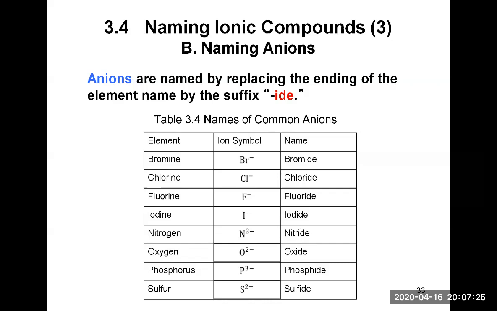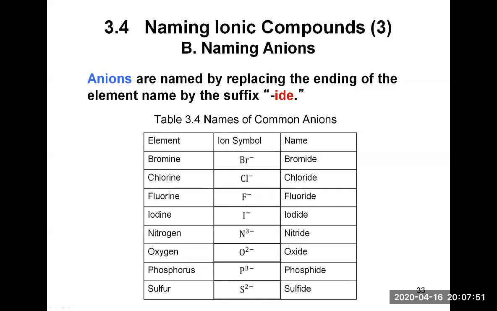Mainly from the halogens: bromine becomes the bromide ion when it's Br-. Chlorine, Cl-, is the chloride ion. Fluorine, F-, is the fluoride ion. From iodine, I- is the iodide ion.